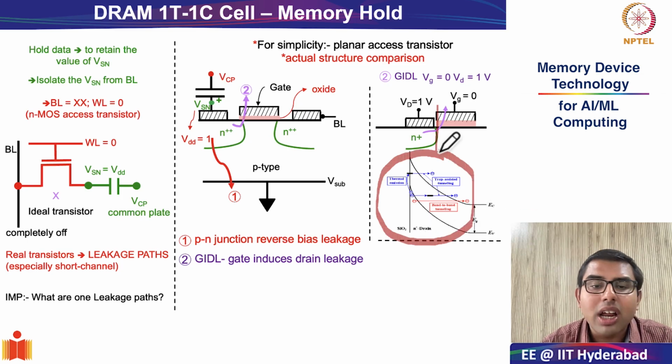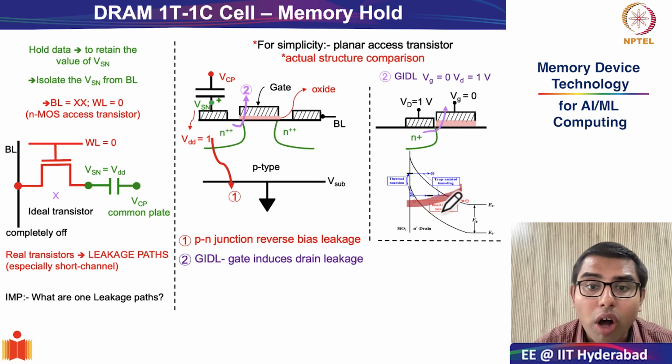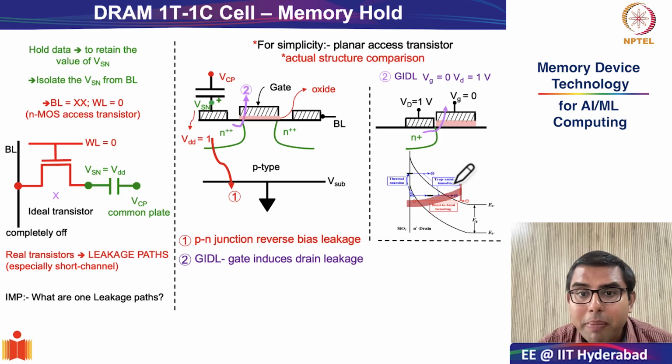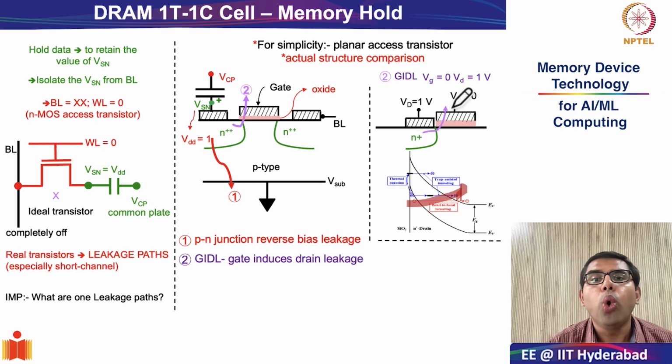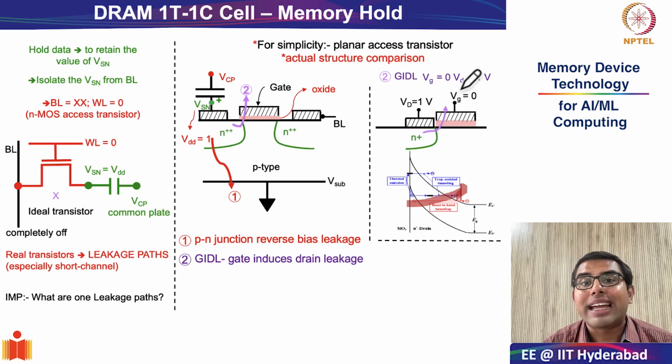And this very large band bending will allow some tunneling to happen from the valence band of the N plus drain region into the conduction band of the P-type region. This current will then flow through as a leakage component through the gate oxide into the gate terminal.